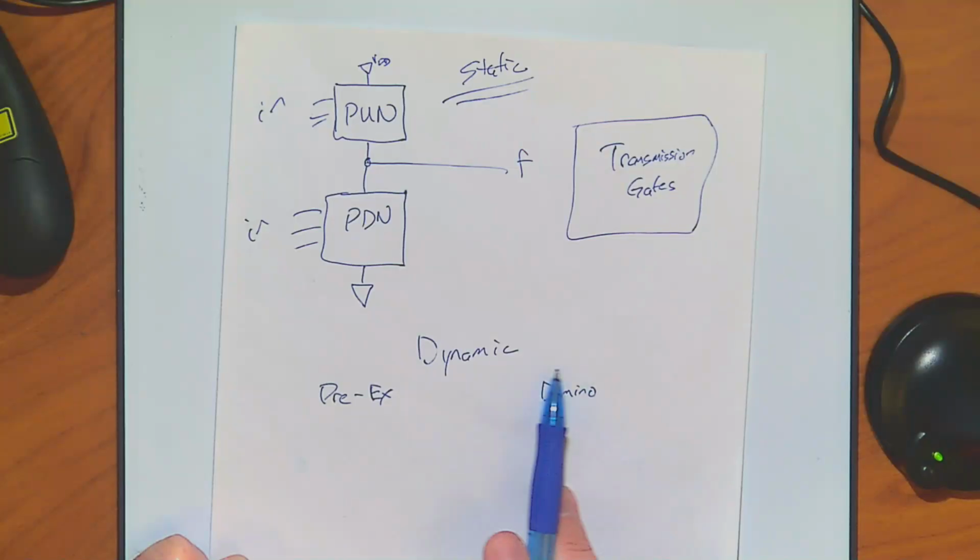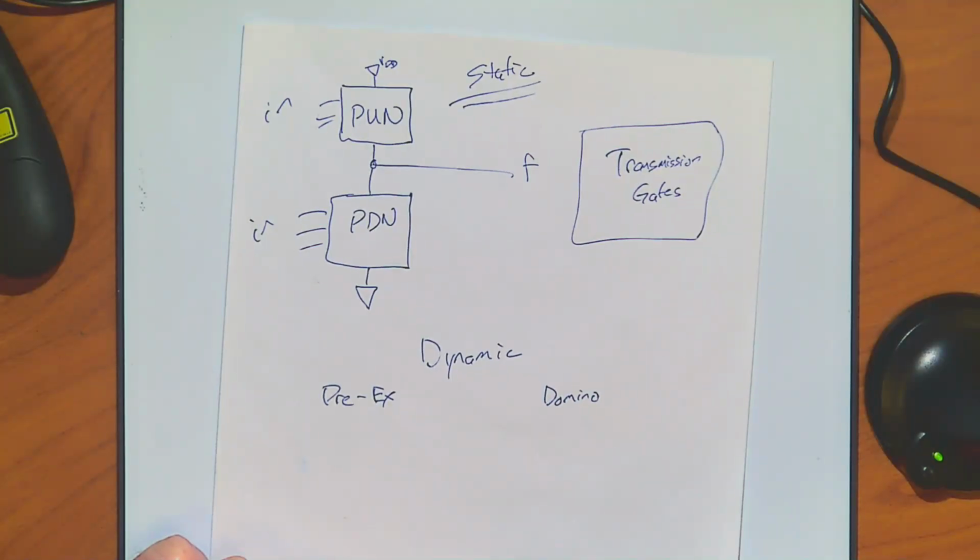So domino logic, for instance, is probably the major general family that's out there when people are building chips. When you're designing a computer, the majority of your logic is going to be in domino logic because that allows you to get the really fast gating that we want. As a matter of fact, it requires you to have fast gating.